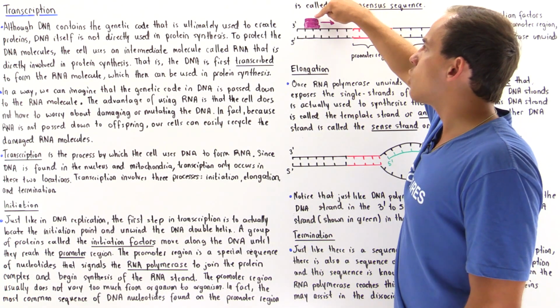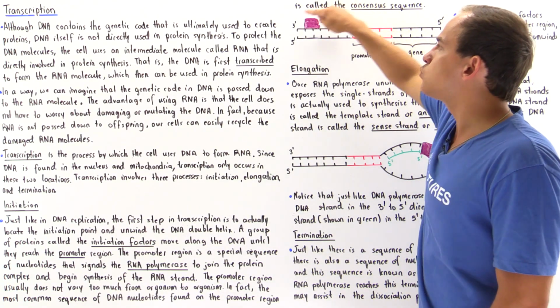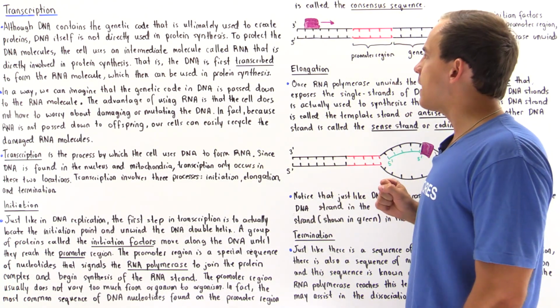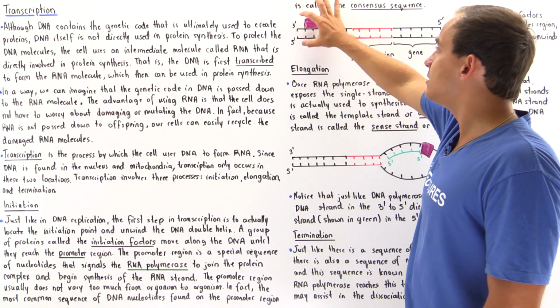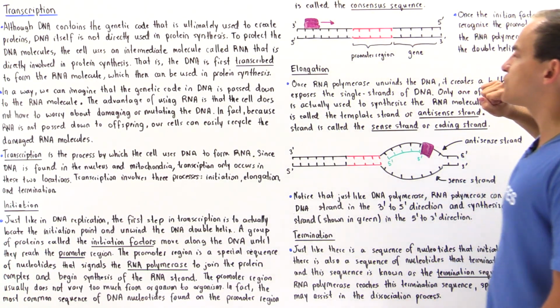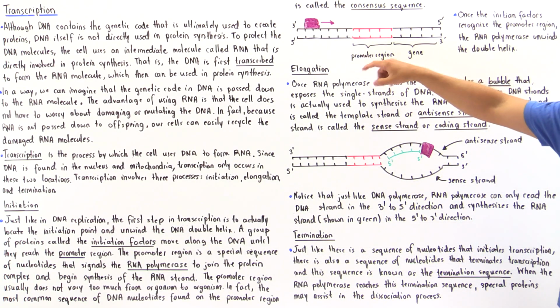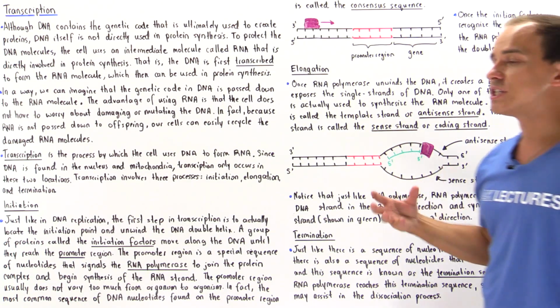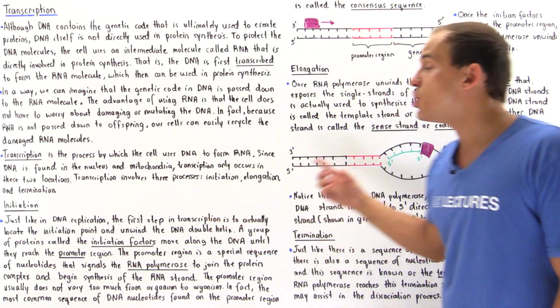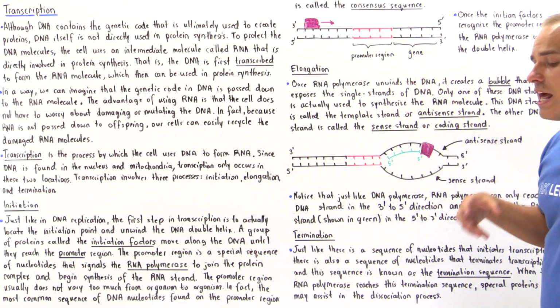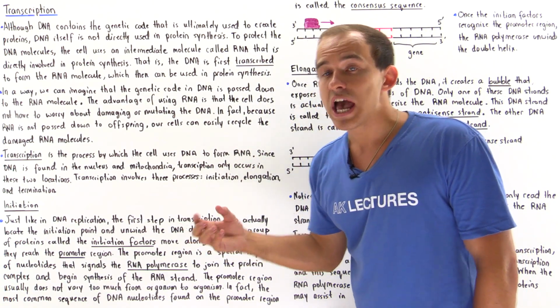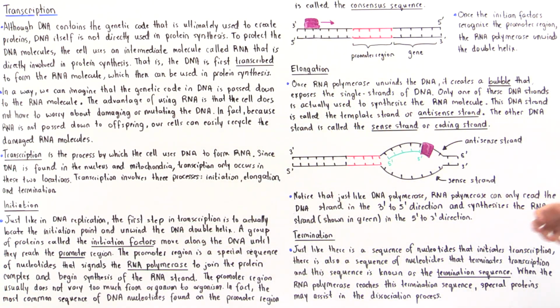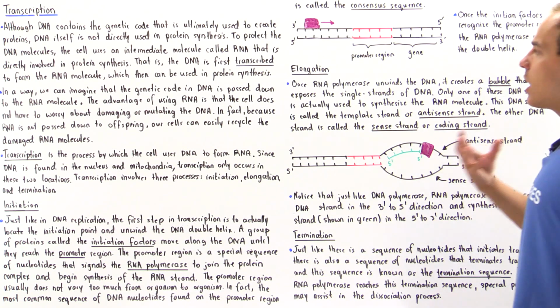Now, this is our RNA polymerase as well as our initiation factors. And as the initiation factors move across, eventually they come across a region, a sequence of DNA nucleotides known as the promoter region, that signals our RNA polymerase to begin unwinding and to begin the synthesis process.